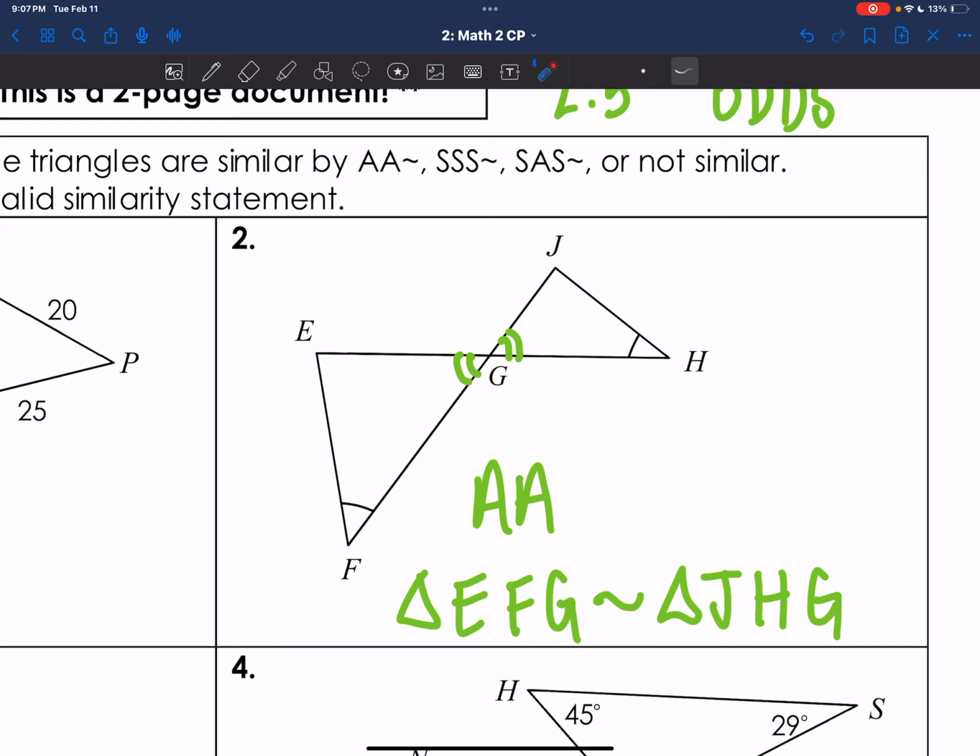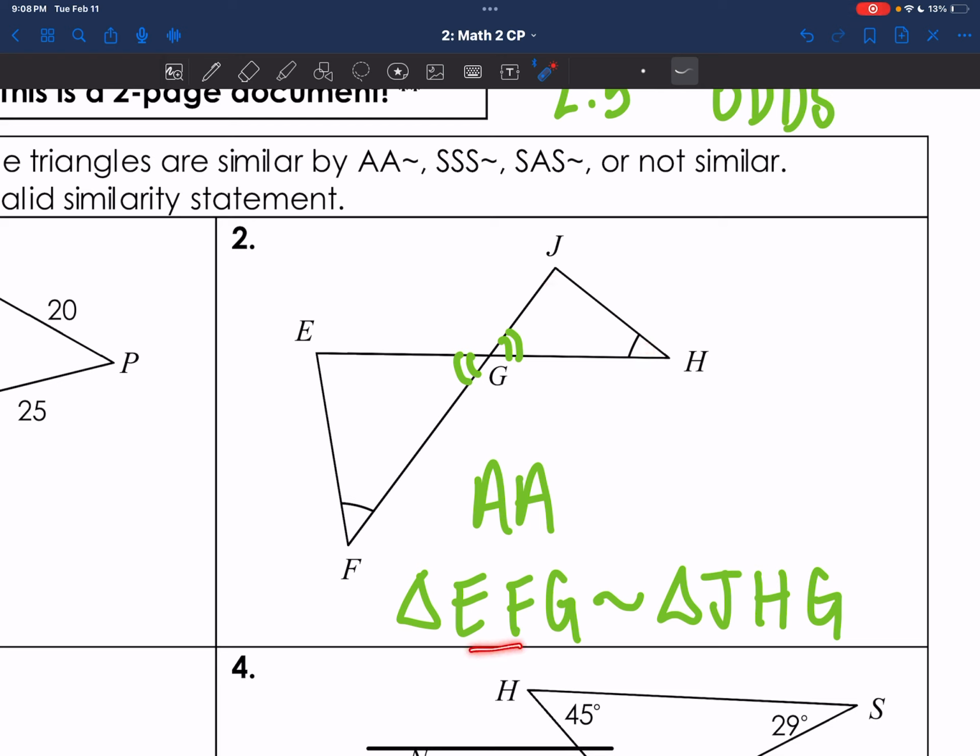And to write a similarity statement, you're going to say triangle EFG is similar to triangle JHG. If you look at this example, EF are written first two, and that goes with JH, which is over here. Notice it goes from nothing to this angle, nothing to that angle.